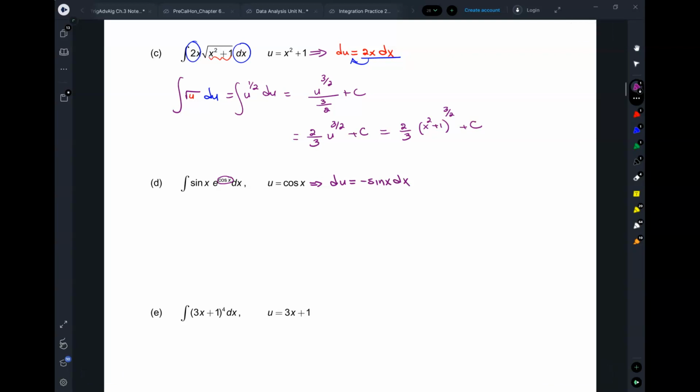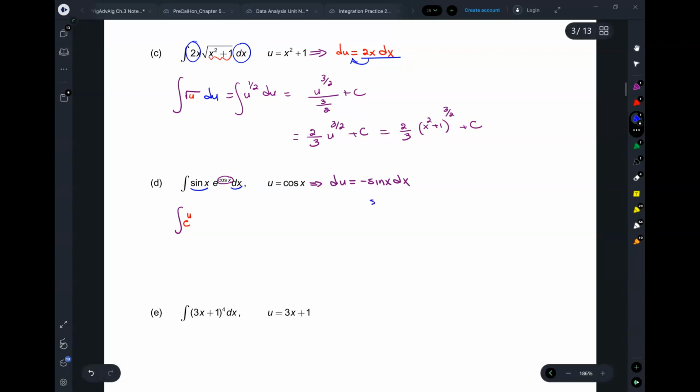Good. So now, take a look. Where did the u come from? It's inside the e, right? So we're going to put that e to the u. But take a look at what we have left over now. I have sine x dx. Here I have negative sine x dx.